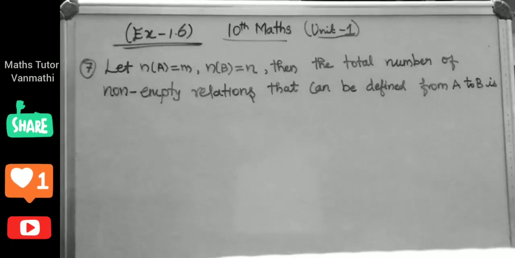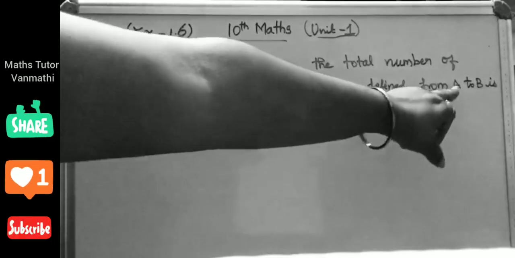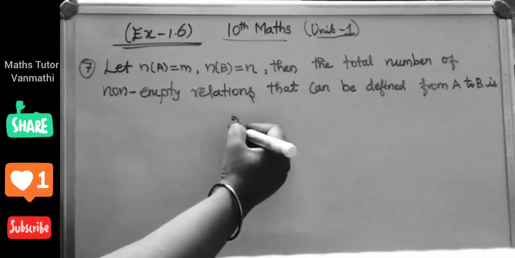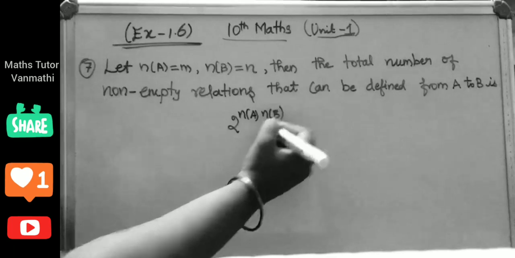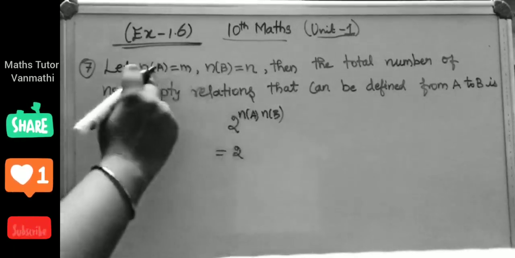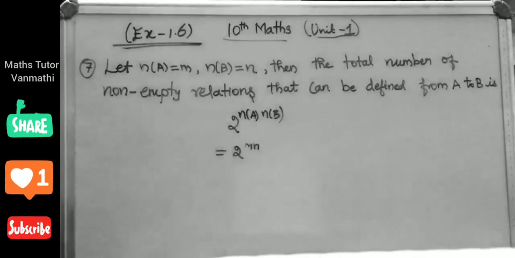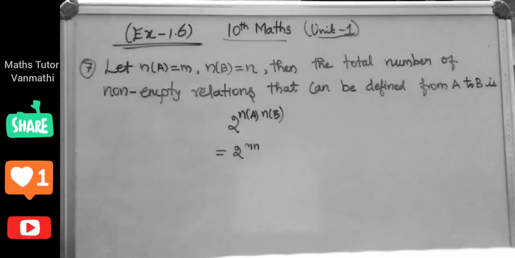We are going to find the total number of relations that can be defined from A to B, that is 2 power. In the second problem we have seen 2 power n of A into n of B. So this can be written here as 2 power, n of A is m and n of B is n, so 2 power mn. This is the solution for this problem. Okay, next problem.